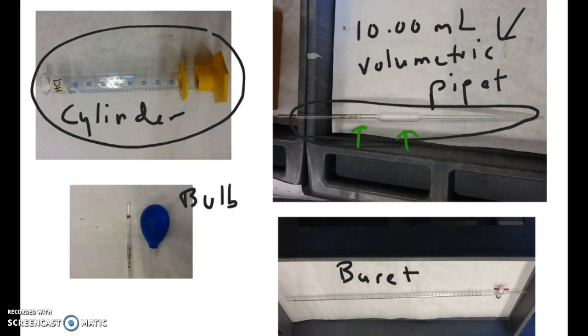I want to point out something unique about the volumetric pipette that's different from the other 2 volumetric devices. In both the cylinder and the burette, you notice that there are a lot of marks indicating volumes, right? Whereas in the volumetric pipette, if you can see through this, maybe it's a little hard to see, there's not any mark along the pipette.